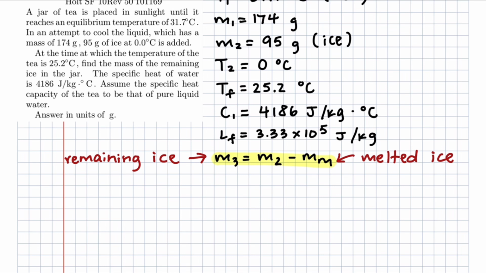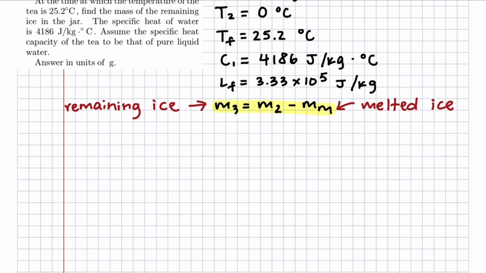All right. Let's see what's happening with the physics. So the ice is going to melt. Why? Because it'll be in contact with the tea, and that tea will transfer energy away into the ice.